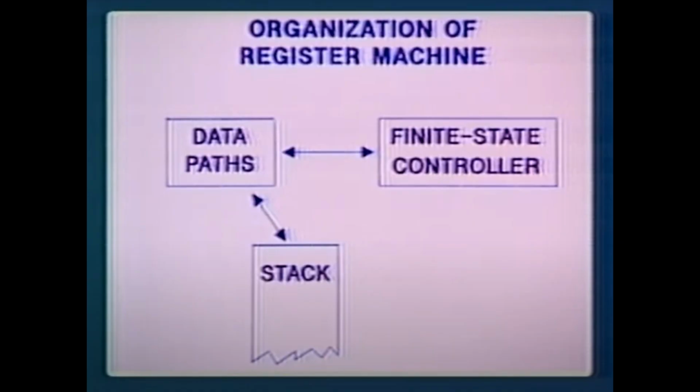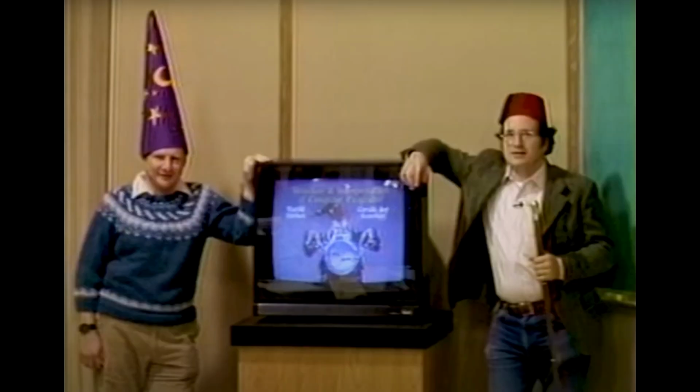Then they go on to show this picture of the relationship between the data paths, the stack, and the controller. And then there's this photo of Dr. Abelson and Dr. Sussman both wearing their two different wizard hats.